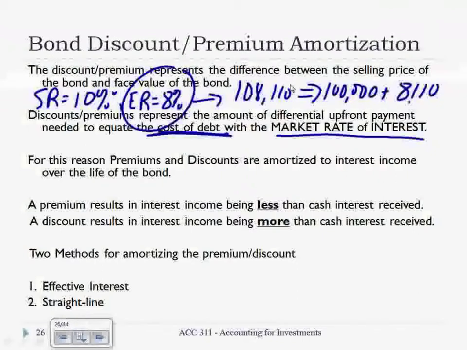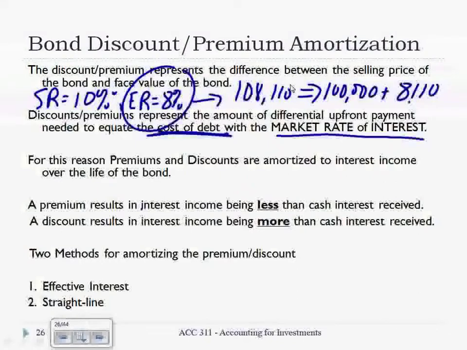Same case below, when the market rate of interest was 12% and the stated rate was 10%, we sold the bonds at a discount, and we borrowed less money, and that raised the cost of debt up to the market rate of interest. So those premiums and discounts are going to be amortized to interest income over the life of the bond.